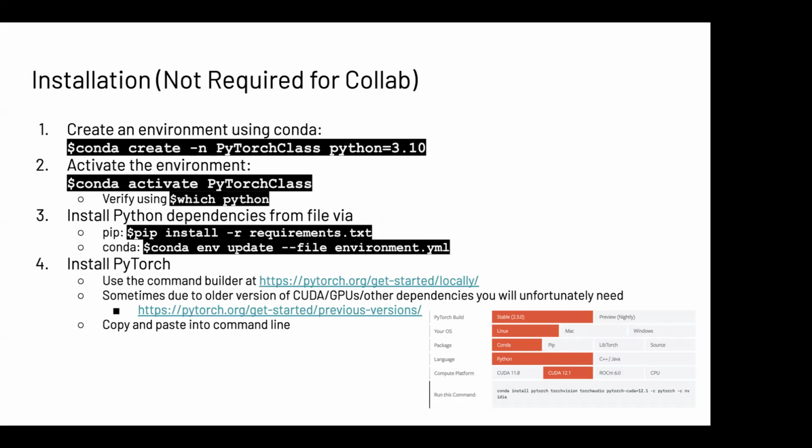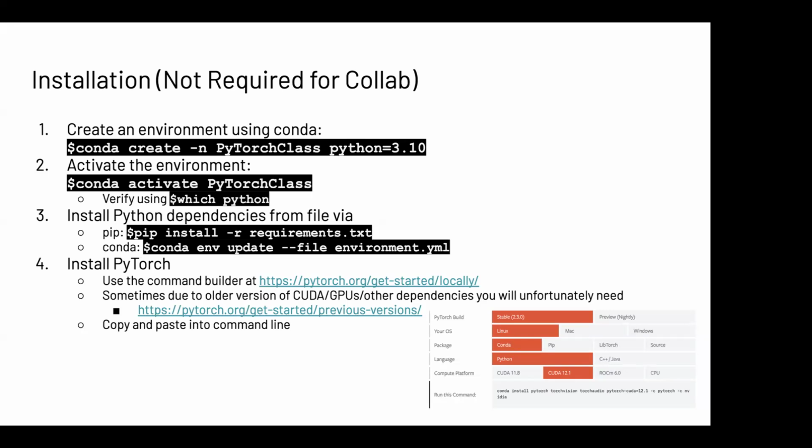Here are a couple of ways you can install requirements from a file. Oftentimes, if you're working with other people, it's good practice to create a requirements file or environment file, depending on whether you're using Pip or Conda, to store the specific requirements that you're using so other people can reproduce your results.